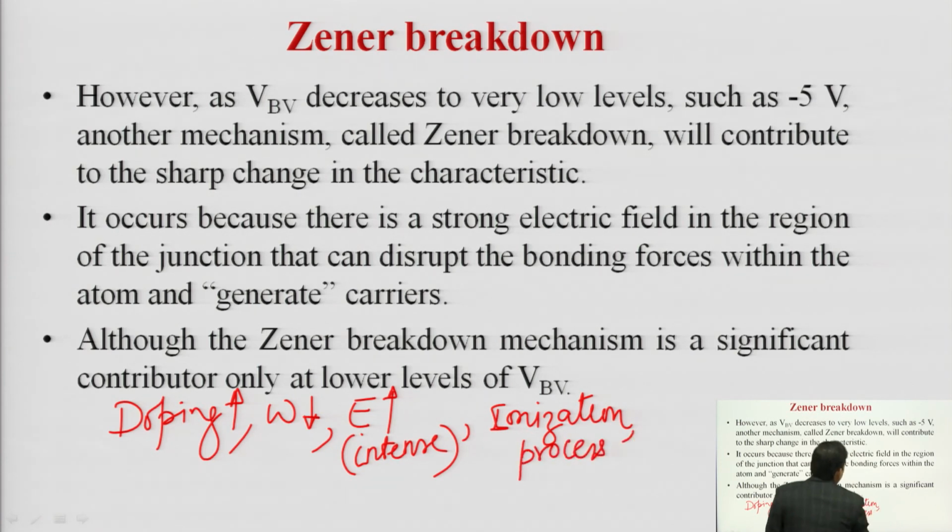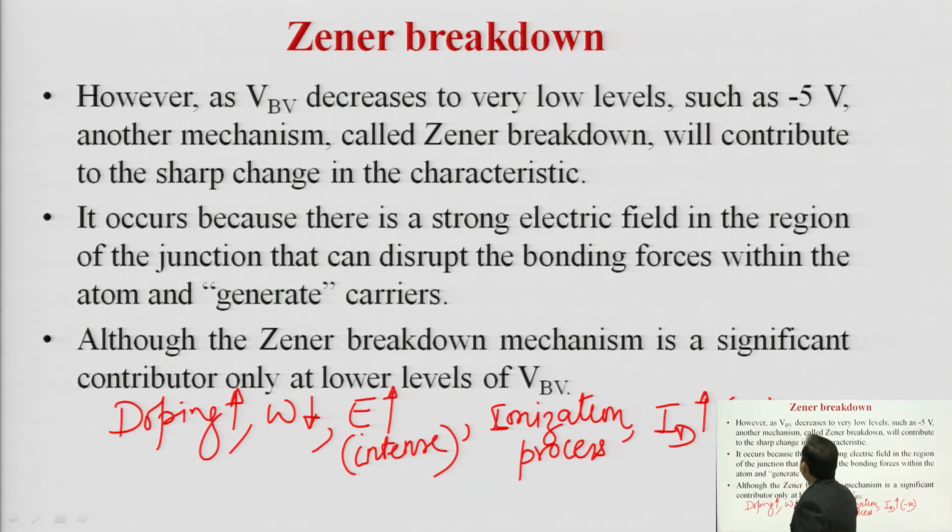Due to this ionization process, a large number of charge carriers are generated, and there is an increase in current in the negative direction. So, this is the region which is determined by the Zener diode.